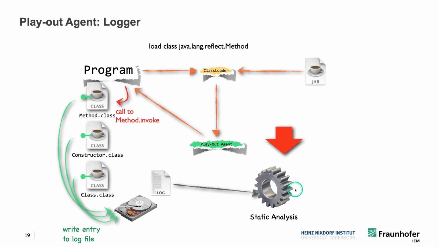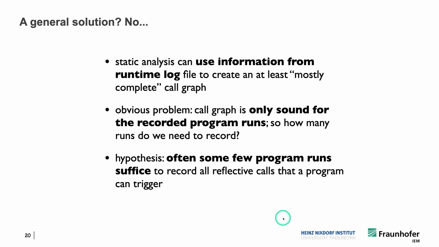Now, is this a general solution? No, it's not, right? But it's some solution. So the static analysis can use information from the log file to create an at least mostly complete call graph, right? Or let's say a more complete call graph. But the obvious problem is the call graph is only sound for the recorded program runs.